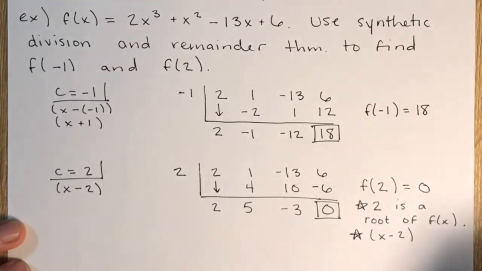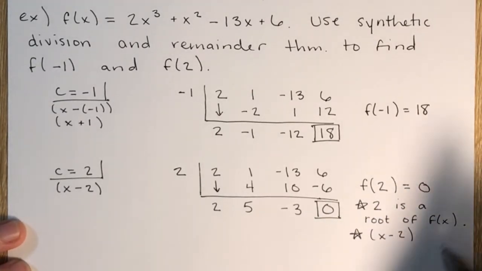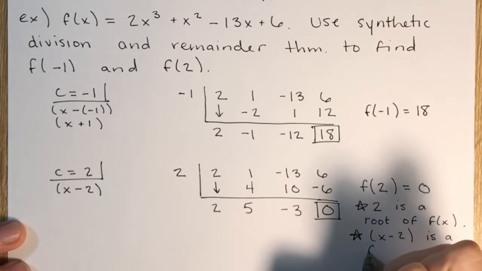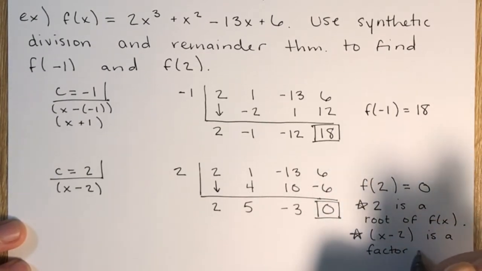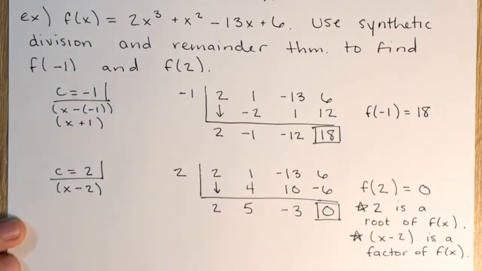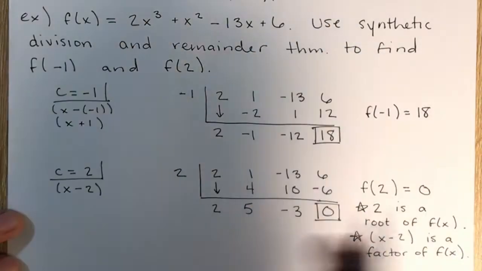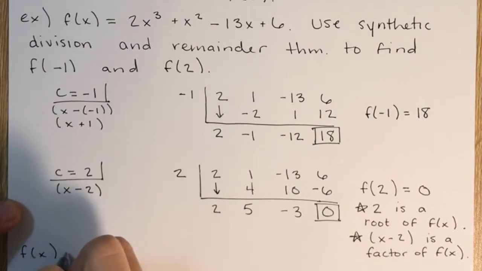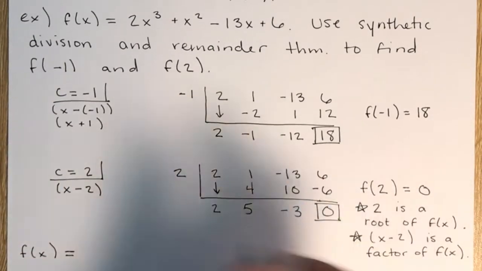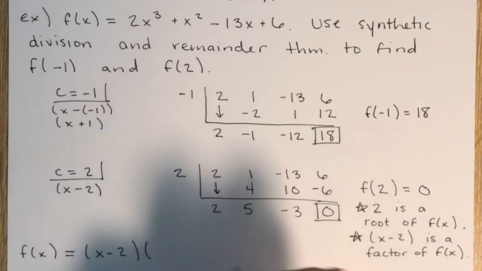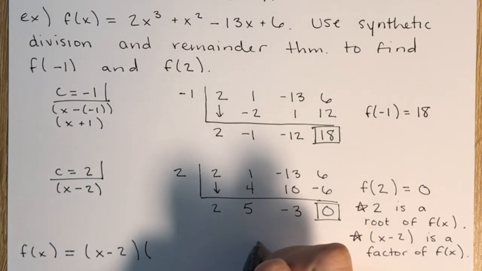If 2 is a root of f of x, then x minus 2 is a factor of f of x. So if x minus 2 is a factor of f of x, that means that we can write f of x in the following way: as this factor times the quotient, whatever it is.